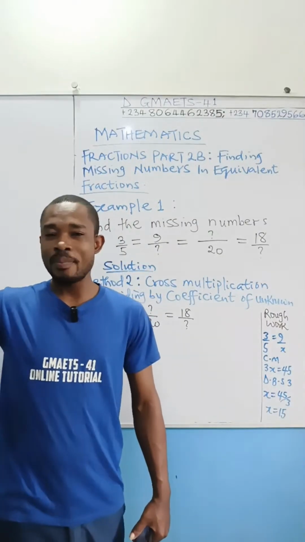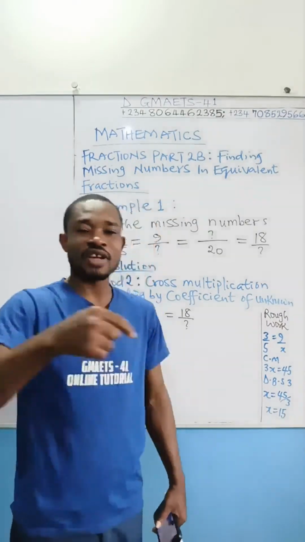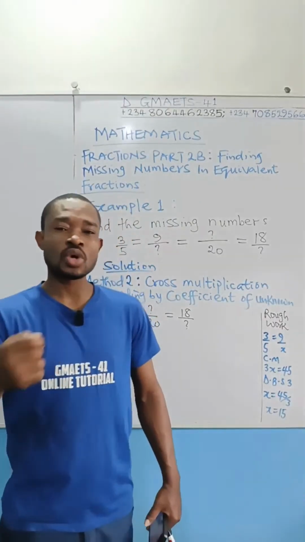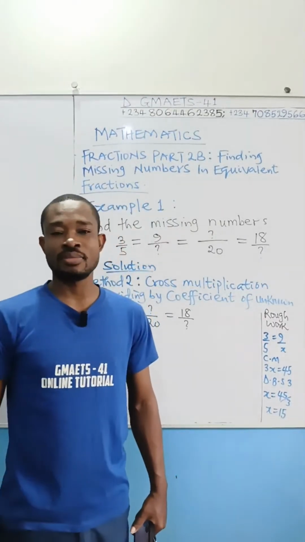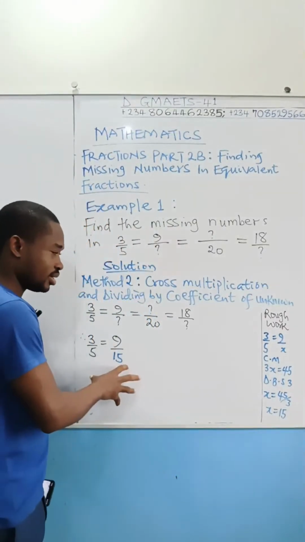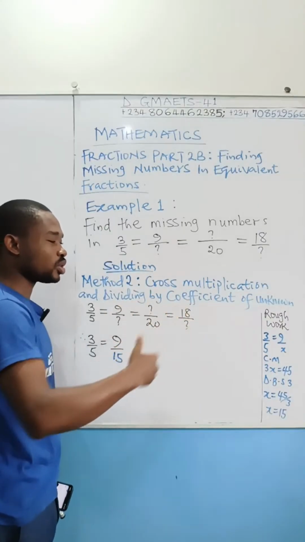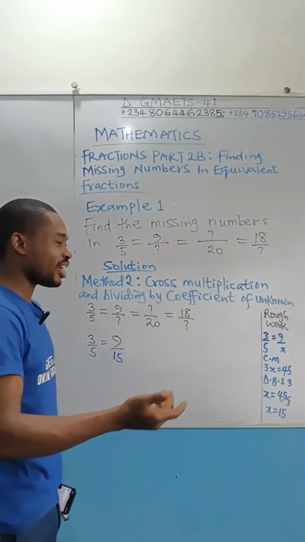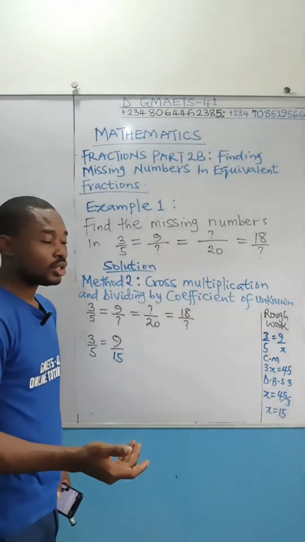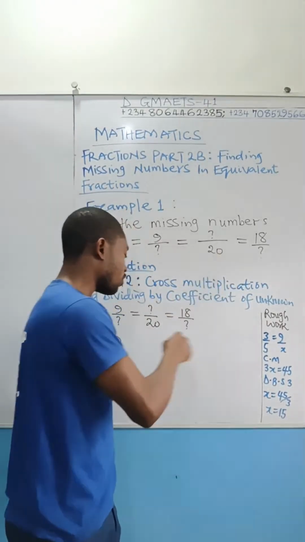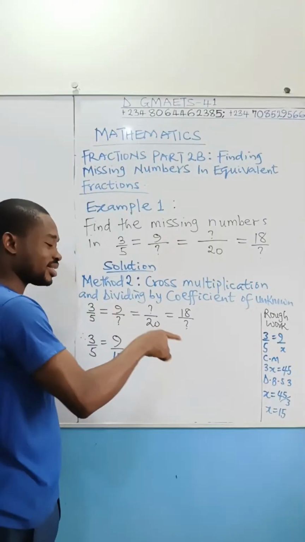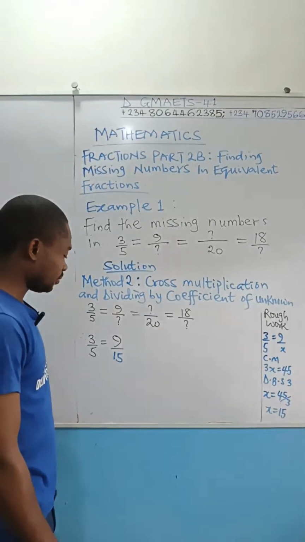Rather, you get the number that will help you find the missing number. Here, in method 2, the simple equation method, by cross multiplication and dividing by the coefficient of the unknown, once you solve for that unknown, you get the missing number directly.